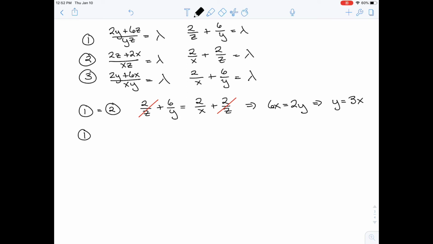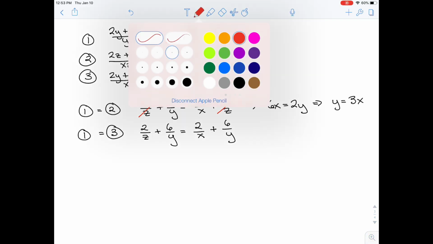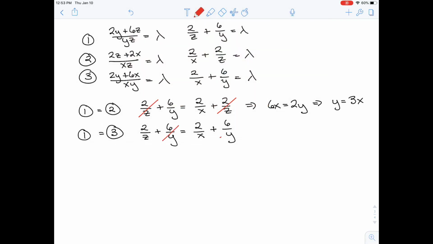Let's set 1 and 3 equal to each other now. What do we get? Well, 2 over z plus 6 over y is now going to equal 2 over x plus 6 over y. Now 6 over y appears on both the left and the right, so we're going to cancel those.